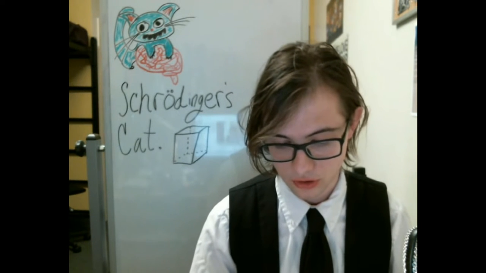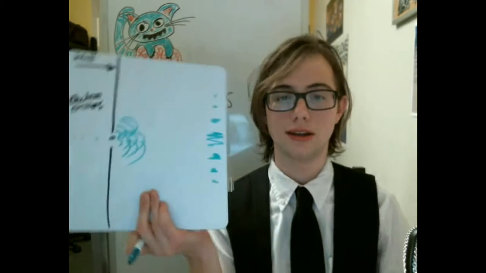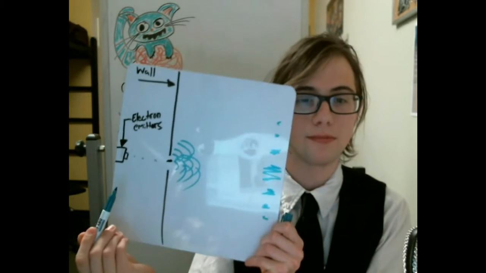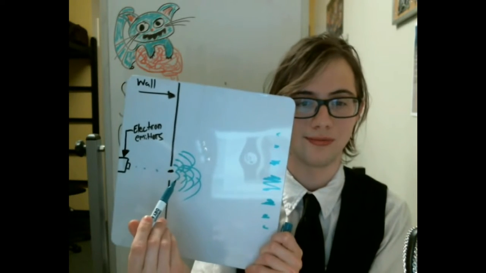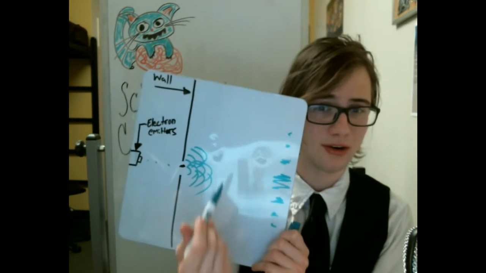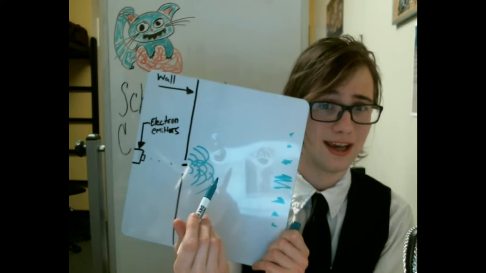And if I just draw a very basic one right now, something like this happened, where the particle, the electron, went through the wall, and then the detector detected this pattern, which can't be explained if it acted like a particle.